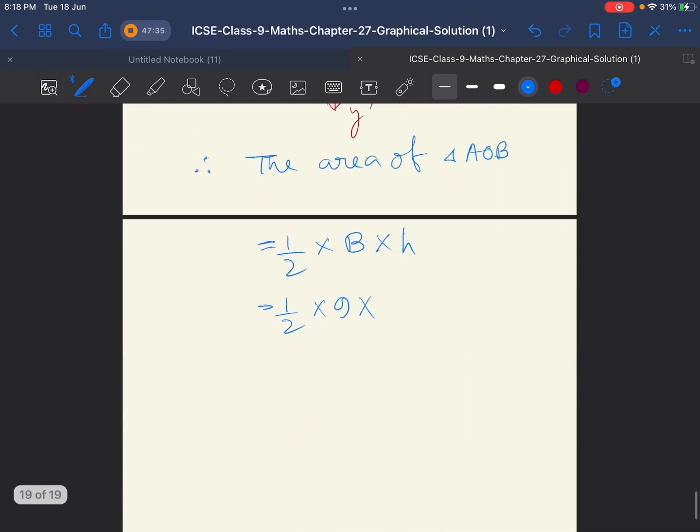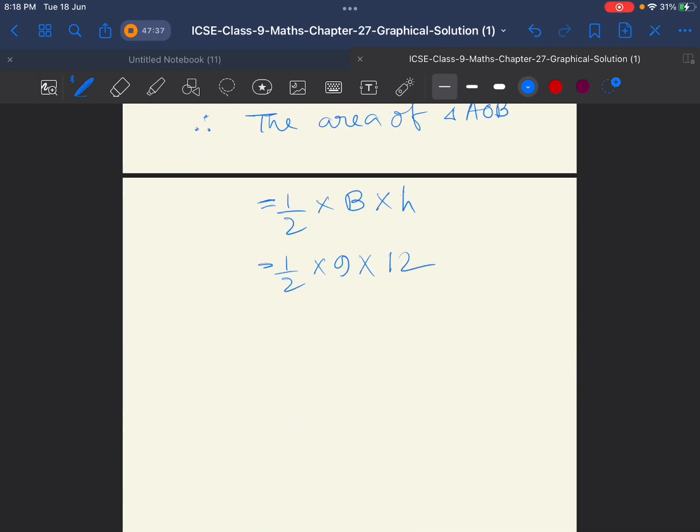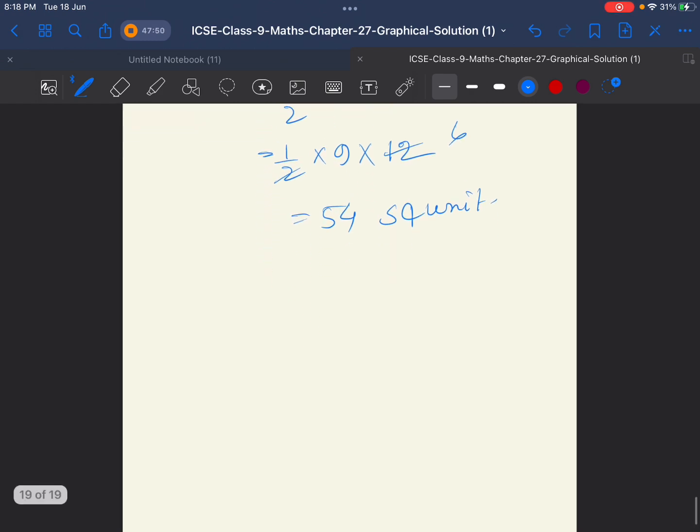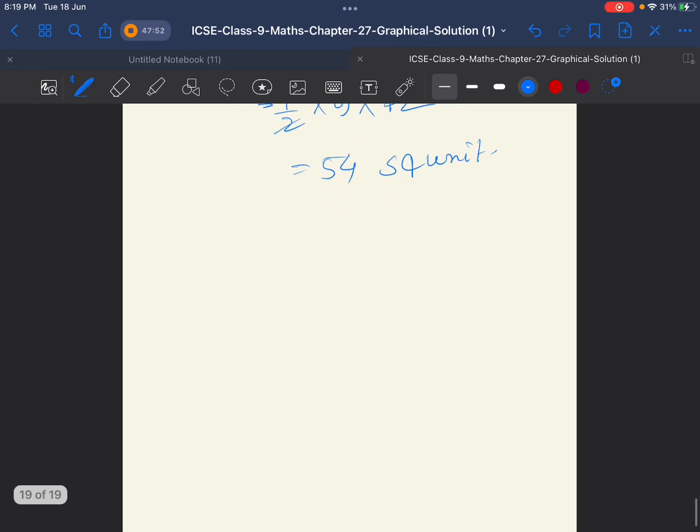Here base is OB, 9, and height is OA, 12. So 2 sixes are 12, 6 nines are 54 square units. So the area of the triangle AOB is 54 square units.